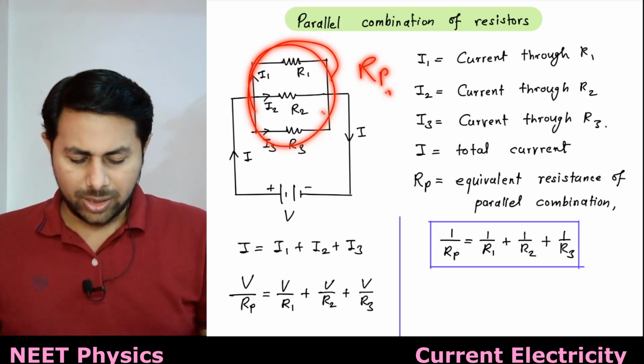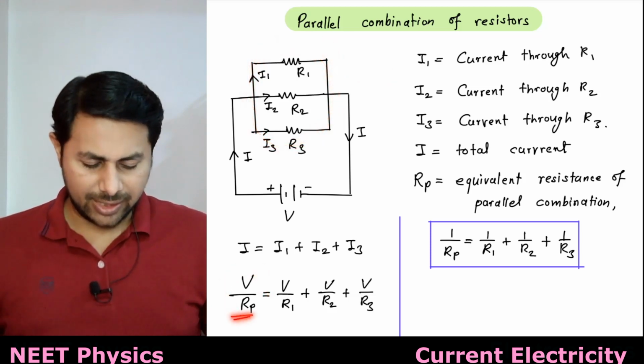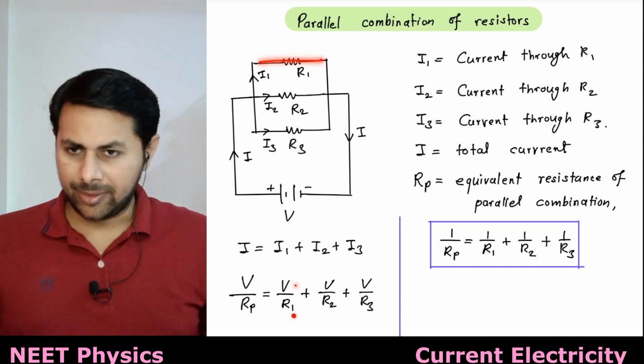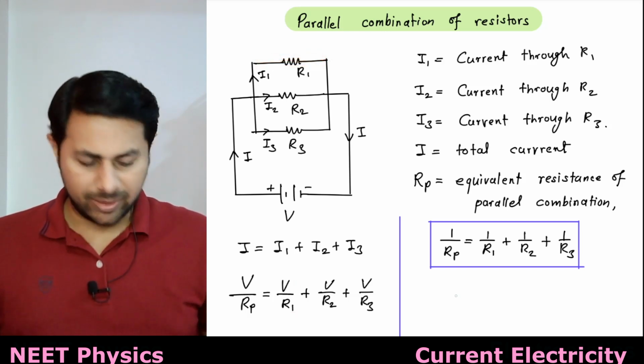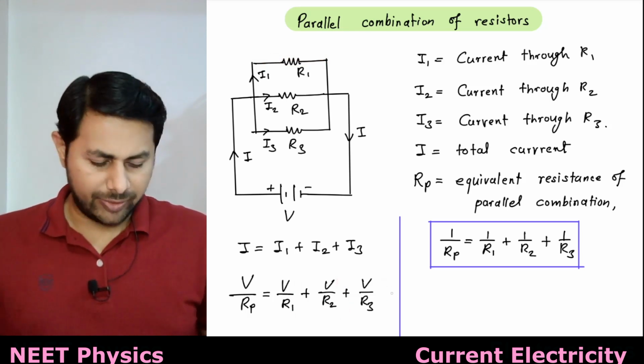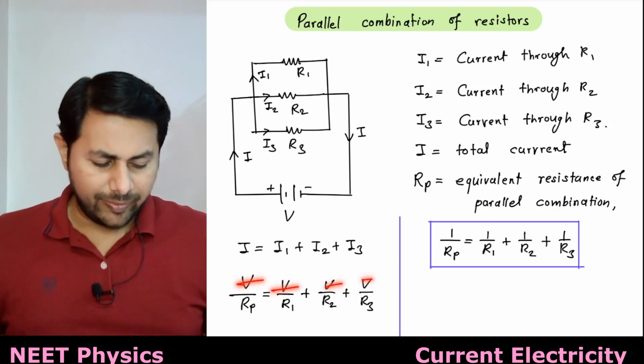So the current can be written as the potential difference divided by the total resistance, that is Rp, and it's equal to the current through R1, that's V upon R1, potential difference divided by resistance. Current through R2 is V upon R2, current through R3 is V upon R3, and then you can just cancel out V, and what do you get?